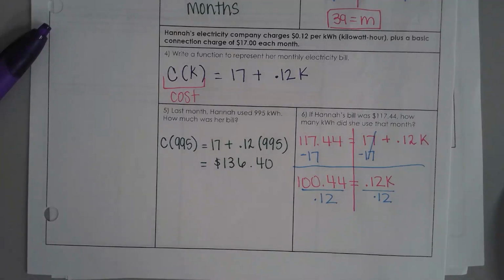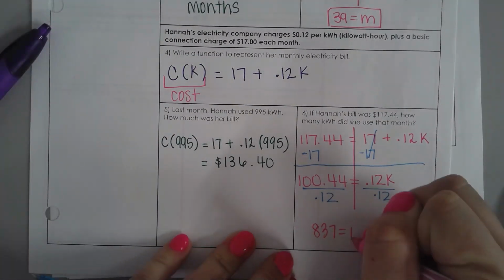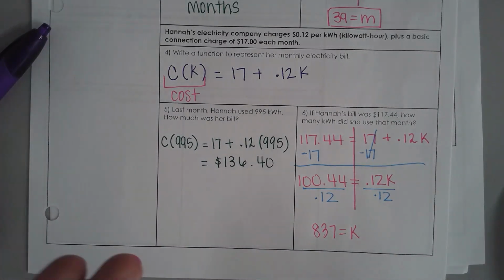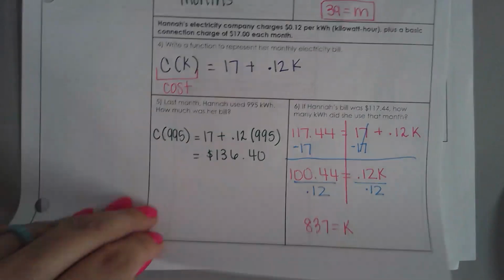And Alex, tell me what you got. 837 equals K. Which seems reasonable. It's kind of close. I mean, it's not too far from 995. The bills were somewhat similar. If I had gotten like 7 equals K, that would have been a red flag. All right.